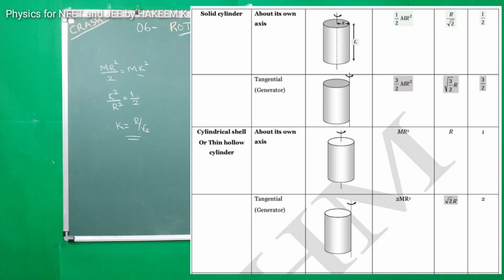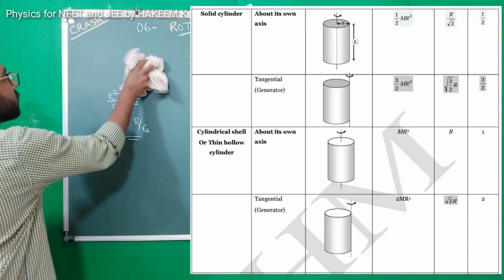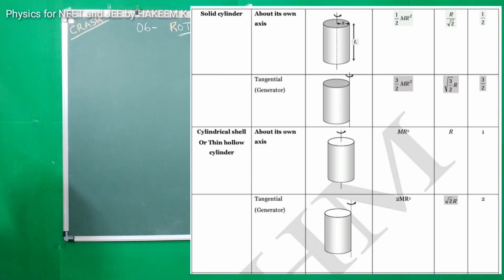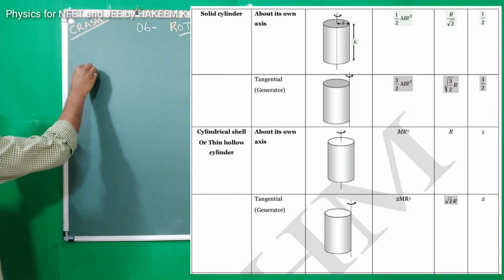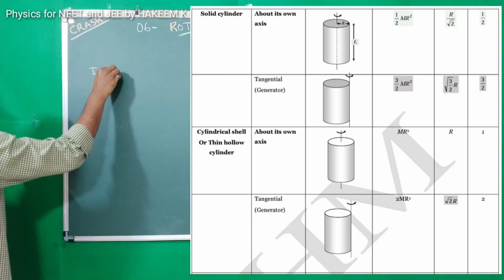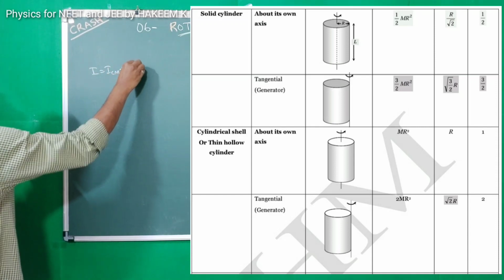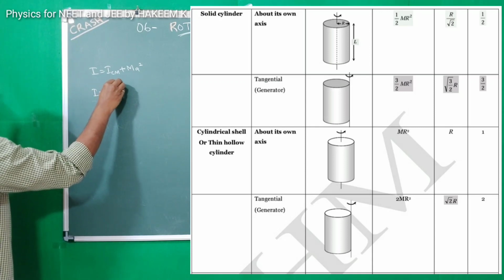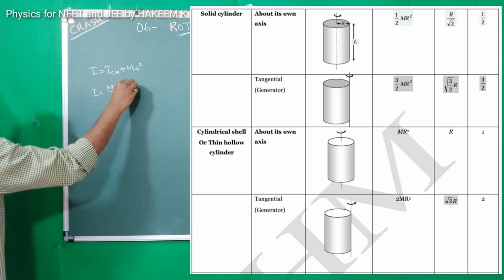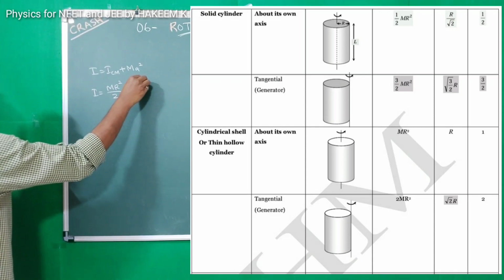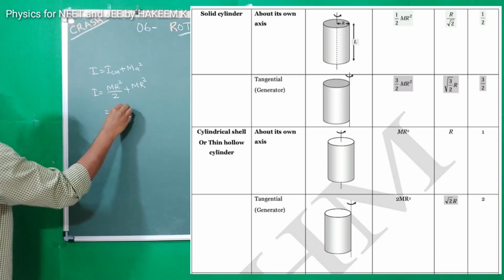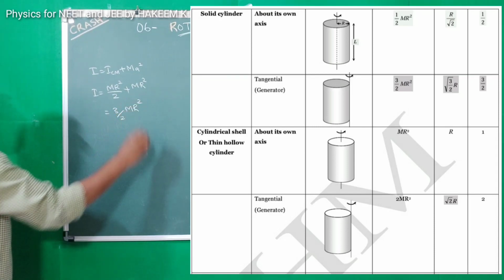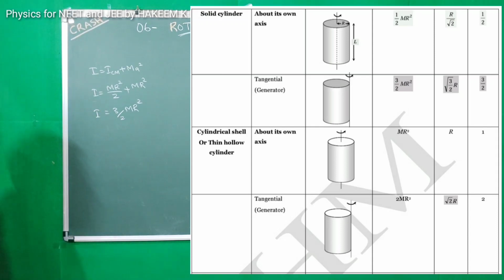That is found using the parallel axis theorem. What was that theorem? I equals I CM plus Ma square. So what is I CM? Through the center of mass, it is Mr square by 2, plus M into r square, and we get 3 by 2 Mr square. The tangential axis of cylinders is called the generator axis.